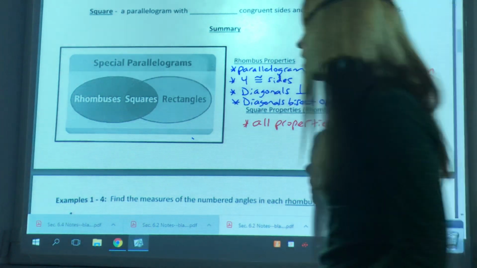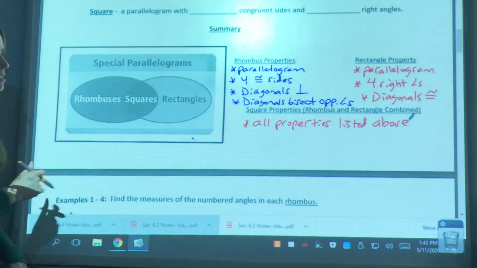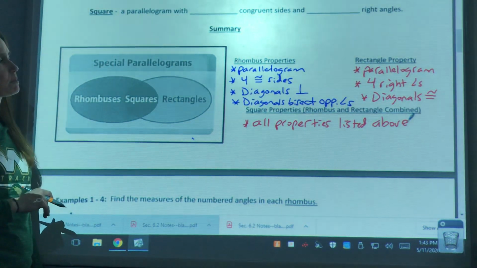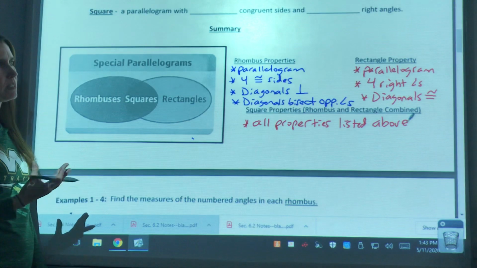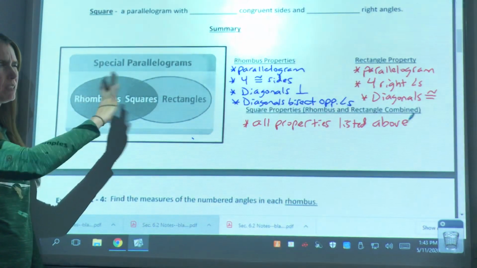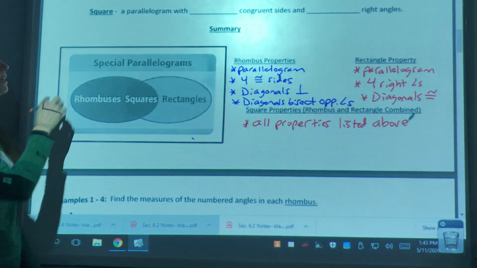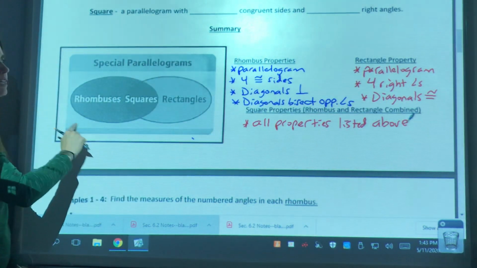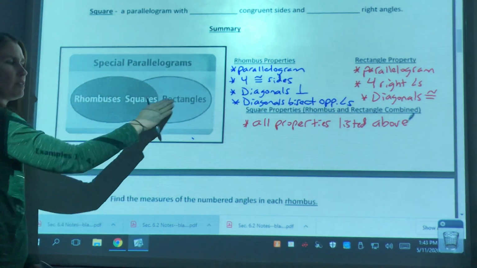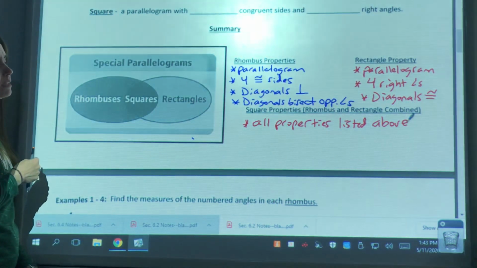This is also something that helps people. This is a Venn diagram. I'm sure you've heard of Venn diagrams before, but I think this helps someone for whom the words are just too much, because sometimes visually it helps people understand a little bit. The big box here is showing parallelograms. So it's showing you that all of these things are always parallelograms.